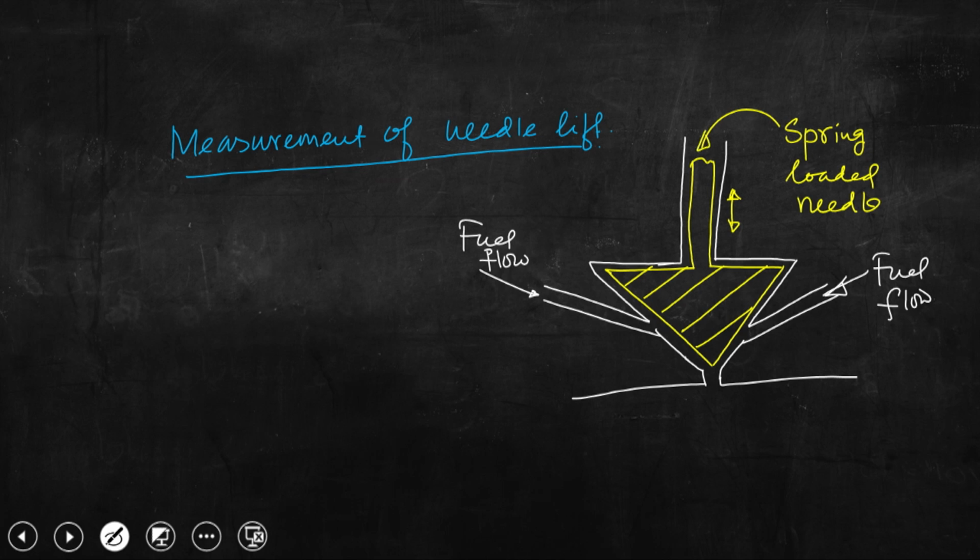And high pressure fuel that comes from the fuel supply line forces this needle to lift off, and then only the liquid fuel is discharged into this manifold or tube, or the engine cylinder. Now, the needle lift should be measured accurately to measure the fuel flow rate. So, let me tell you the method.